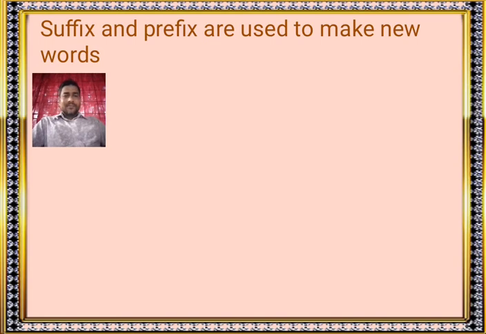Dear students, now I am presenting you the definition of prefix and some common prefixes which are used in the English language.